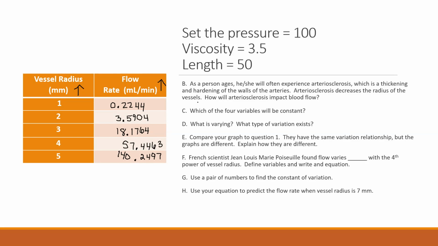So I know from what I observed that if we would increase the radius, we would increase the blood flow. So this is saying that we're going to decrease the radius, and so that is going to decrease blood flow. So if an increase increases it, a decrease will decrease blood flow.